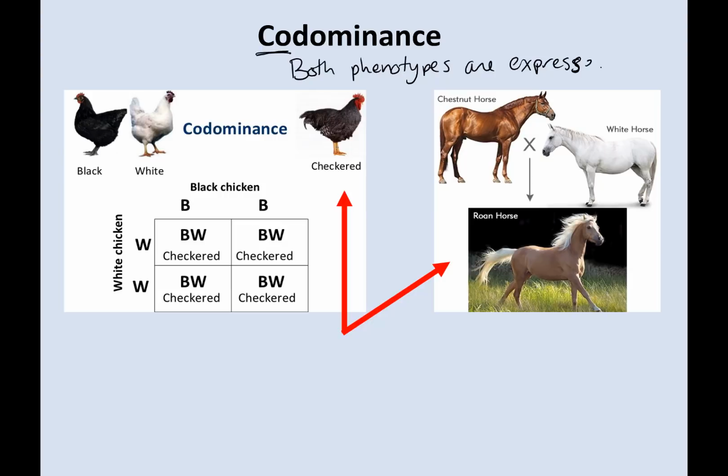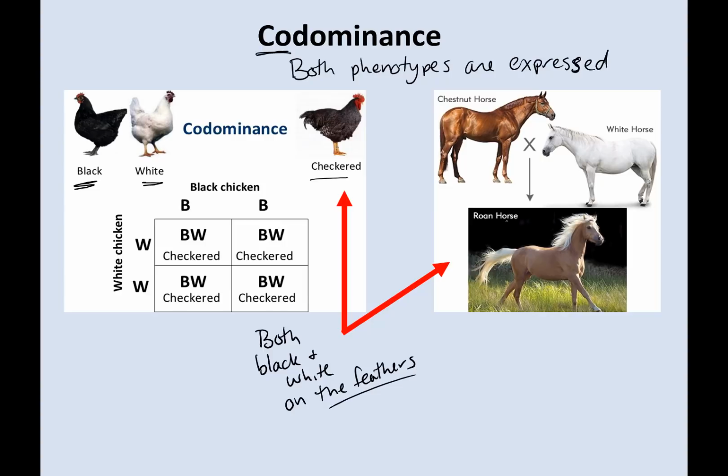So in this case, you have a black chicken, a white chicken, and the codominant is checkered, which means both black and white on the feathers. Okay, they're not gray. Gray would be incomplete dominance.